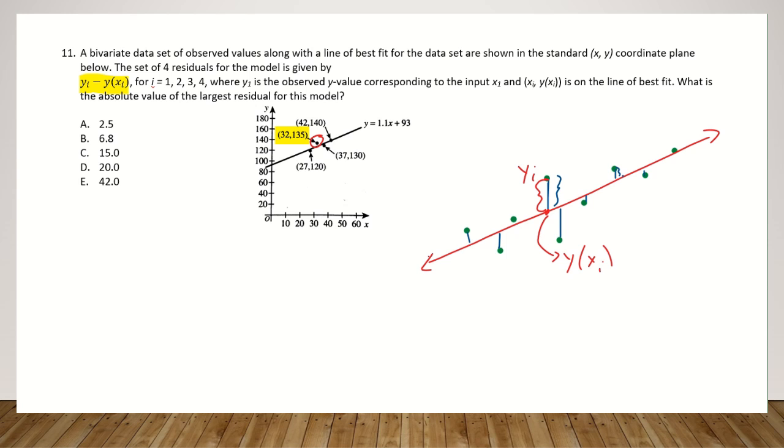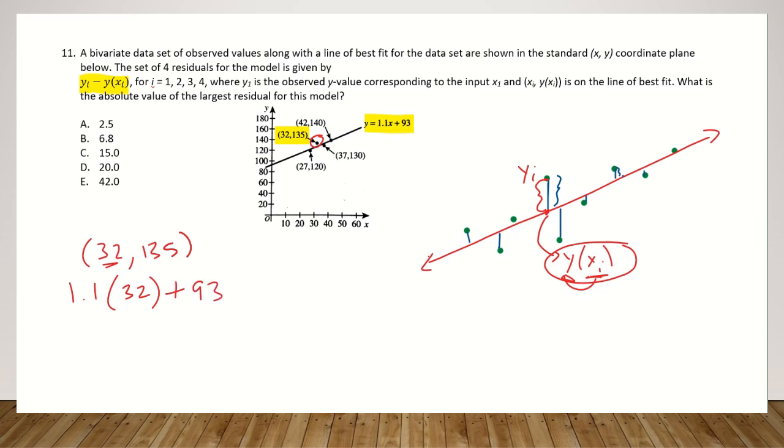It's 135. And over here we have the equation of the line. Okay, so we have our point 32, 135. That has a y value of 135. And then we have our equation here. So to find out the y value of the actual line, we can plug this 32 into the equation of the line. That's what y of x sub 1 is saying. You plug the x value for your point into the equation of the line. Okay?